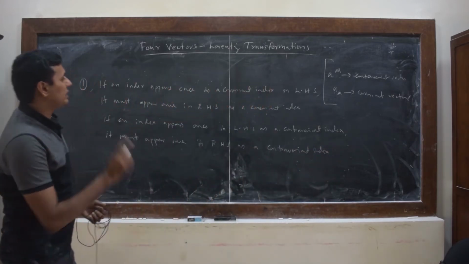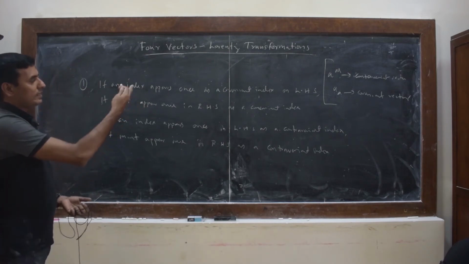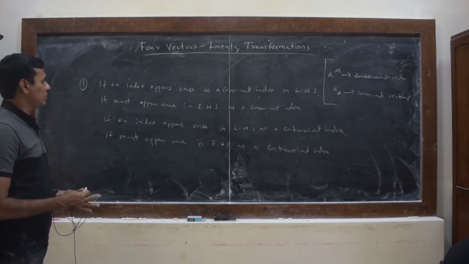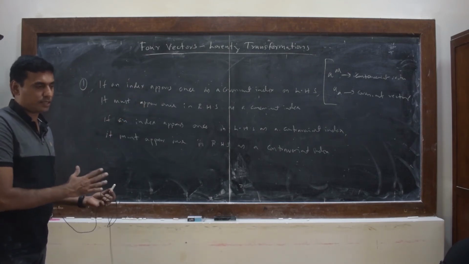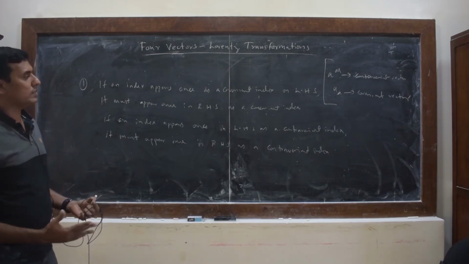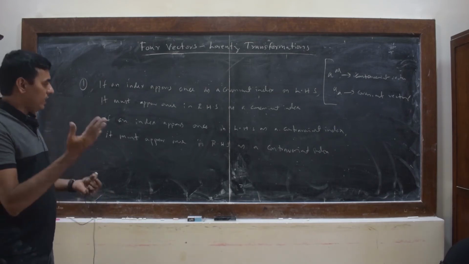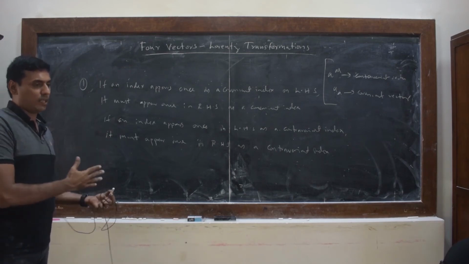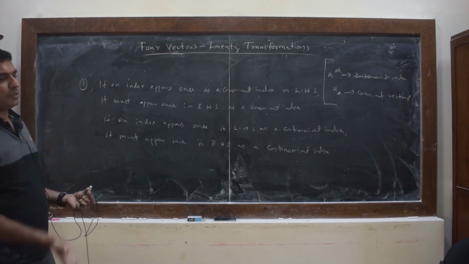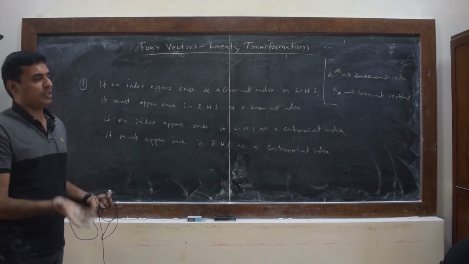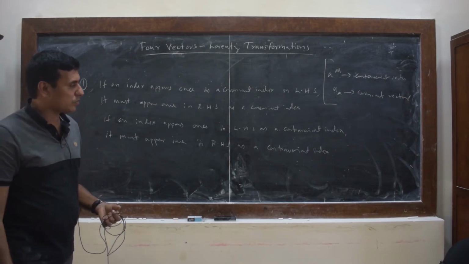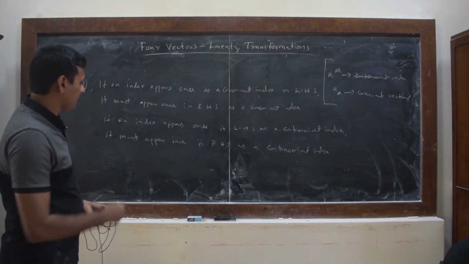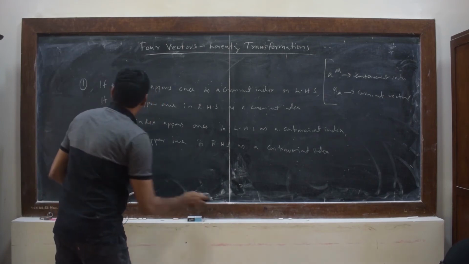Okay, so this is the first rule. Such indices are called free indices. So, if an index appears once on the LHS as a covariant index, it must appear once on the RHS as a covariant index, and if it is a contravariant index on the left hand side, then it should appear on the RHS also as a contravariant index. That is the first rule, and the second rule is the following.